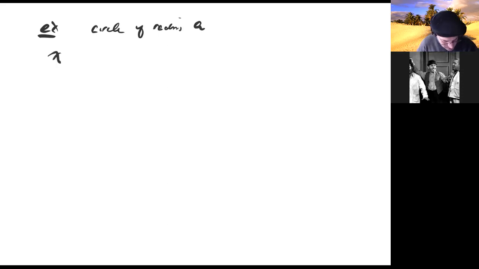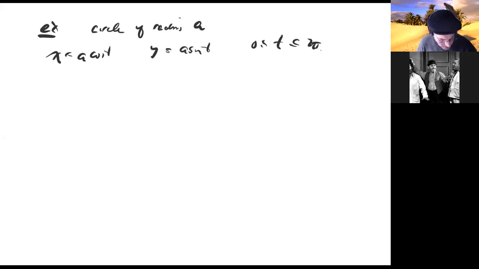So x is a cosine of t, y is a sine of t, and t is going from 0 to 2 pi. So we need to compute dx dt, which is negative a sine of t. We've actually done that already today. And then we have dy dt, which is a cosine of t.